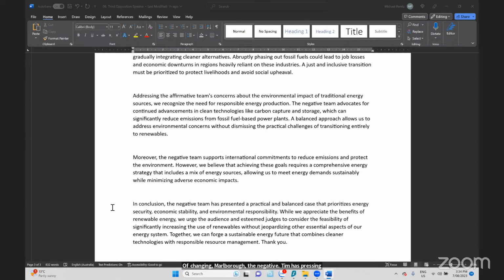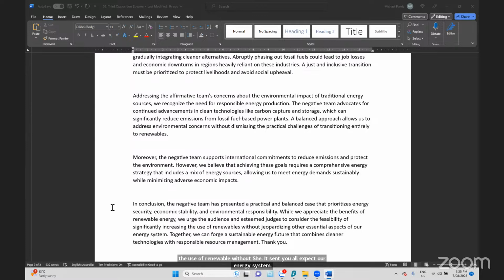Moreover, the negative team has presented a practical and balanced case that prioritizes energy security, economic stability, and environmental responsibility. While we appreciate the benefits of renewable energy, we urge the audience and esteemed judge to consider the feasibility of significantly increasing the use of renewables without jeopardizing other essential aspects of our energy system.